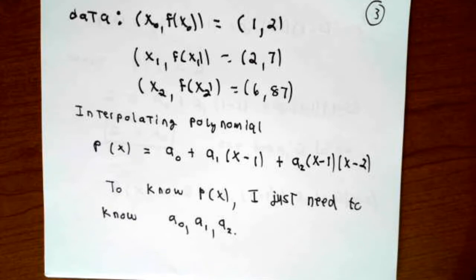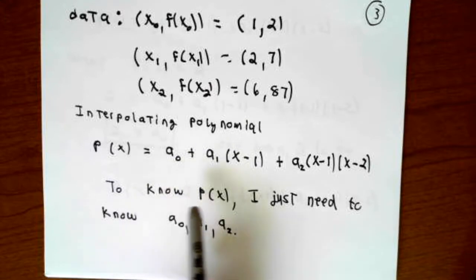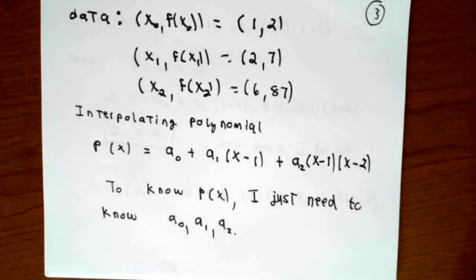The first data point is x0 equals 1, f of x0 equals 2. The second data point is x1 equals 2, f of x1 equals 7. And lastly, x2 will be 6, while f of x2 will be 87. I claim that I can write the interpolating polynomial in this format. To know the interpolating polynomial, then, I just need to know the constants a0, a1, and a2.